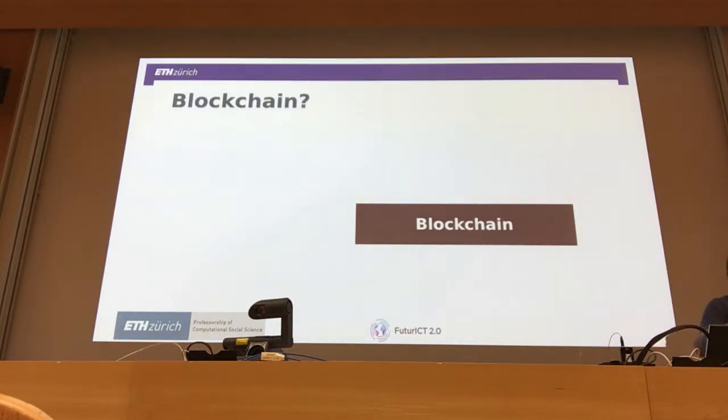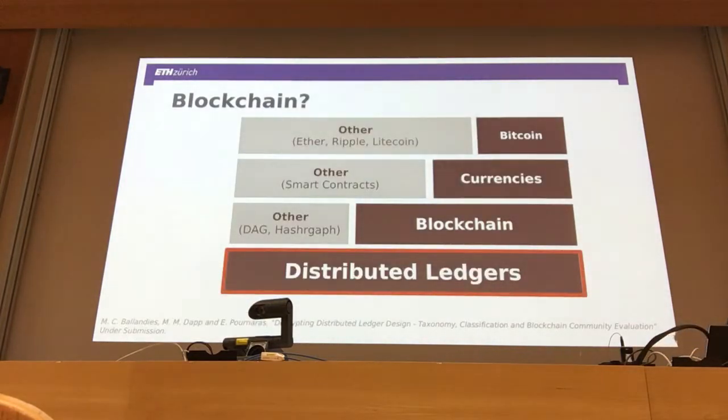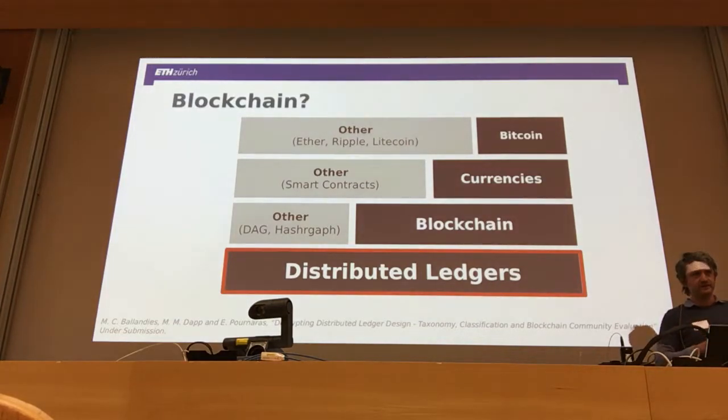All these terms are kind of connected, and the stack looks more or less like this. We have these objects which are called distributed ledgers. As Dirk said, it's more or less like a decentralized database. And one type of these decentralized databases is a blockchain. But as Nick mentioned, there are also other types like hash graphs and directed acyclic graphs, for example.